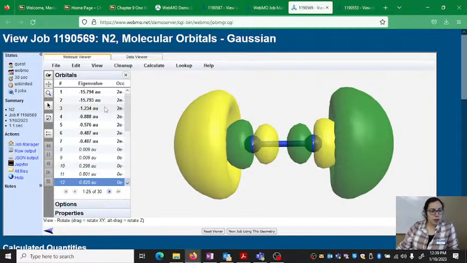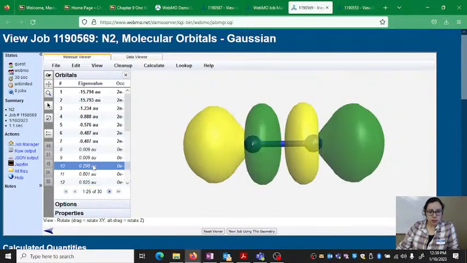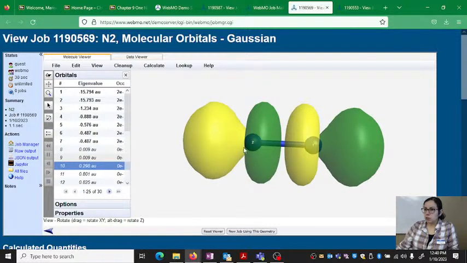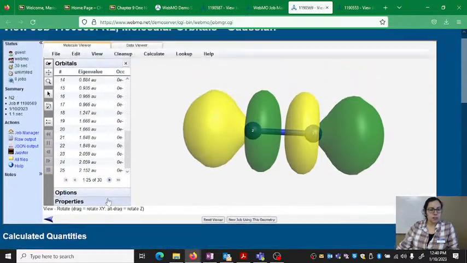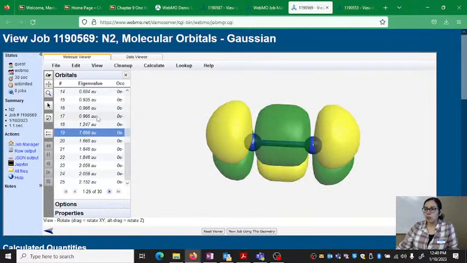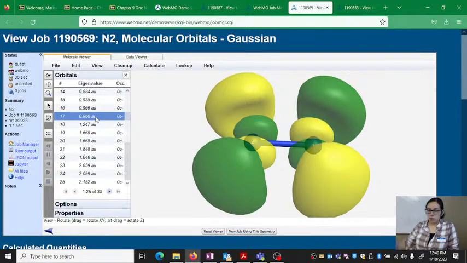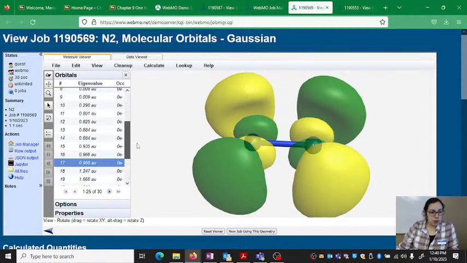Let's see, we only care about 1, 2, 3, 4, 5, 6, 7, 8. So I think this is the last one that we drew. This was the most unfavorable interaction. And then the rest just go on and on, the rest of the theoretical orbitals that are unoccupied.